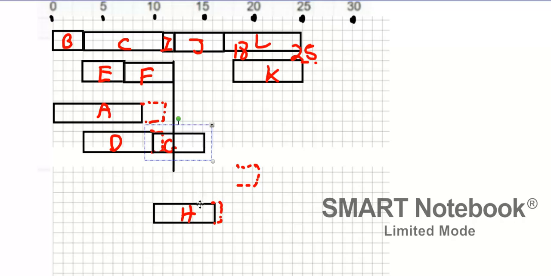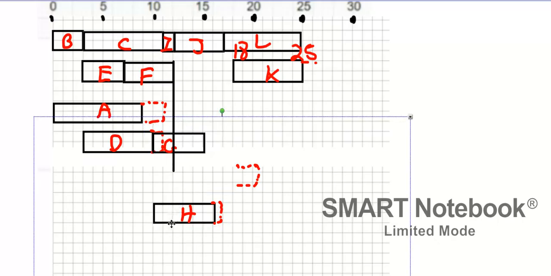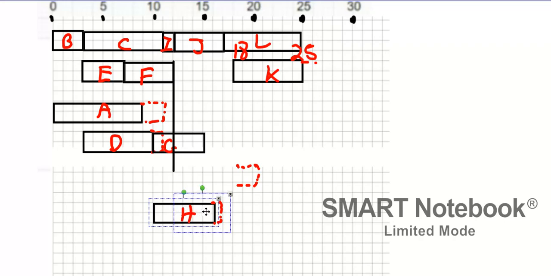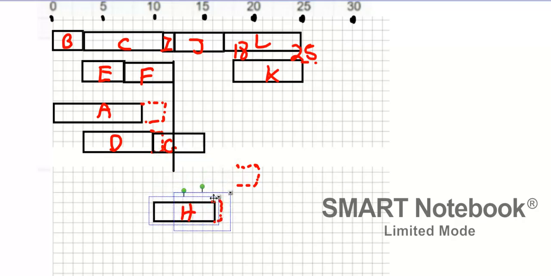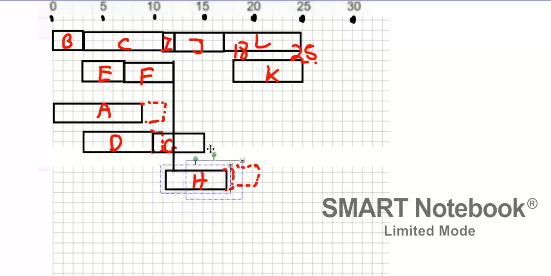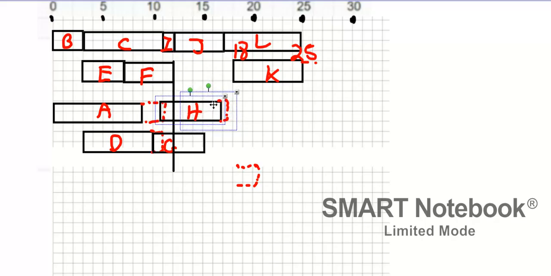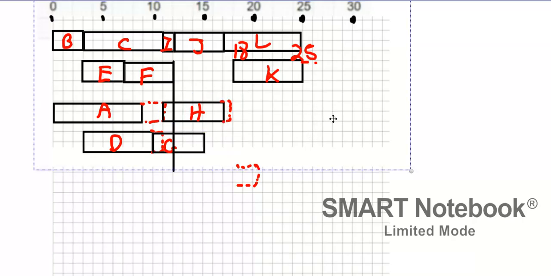H and A. So where was H again? Where does it start? What number? 11. 11 and 17. Cool. All right. How many workers is that? 4.